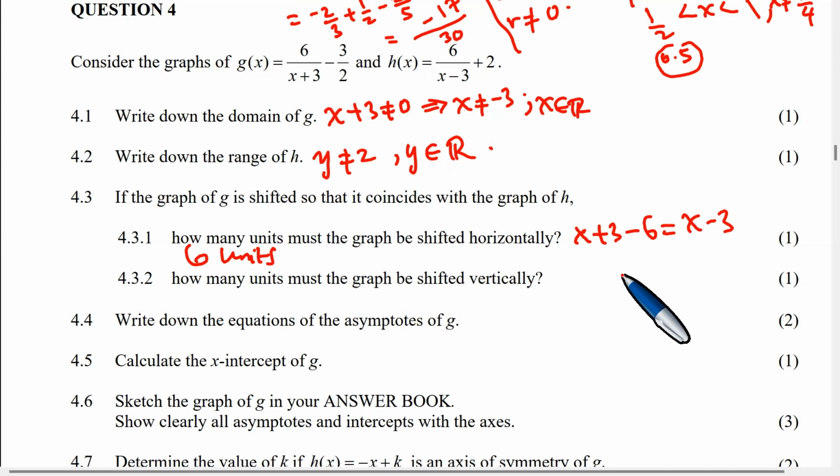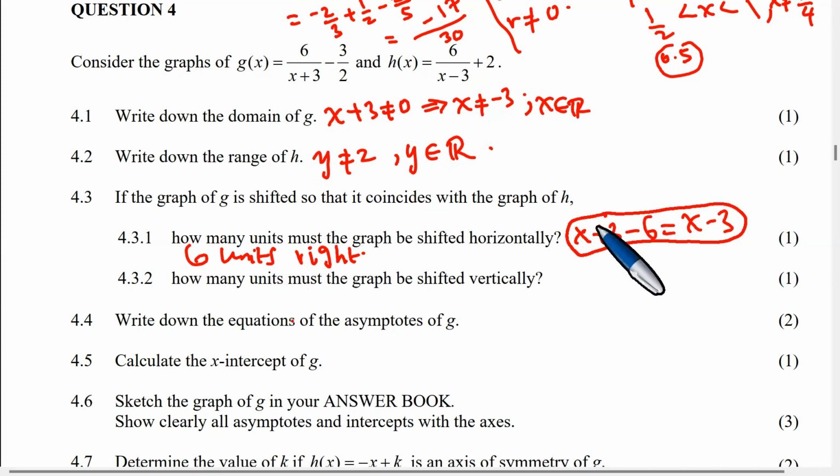If you subtract, it goes to the right. So it's 6 units right, so that x plus 3 becomes x minus 3. This is just part of the reasoning. It's not the answer. The answer is 6 units to the right.